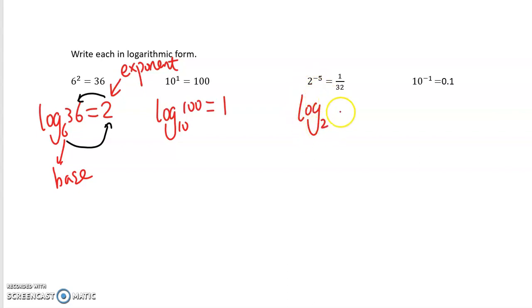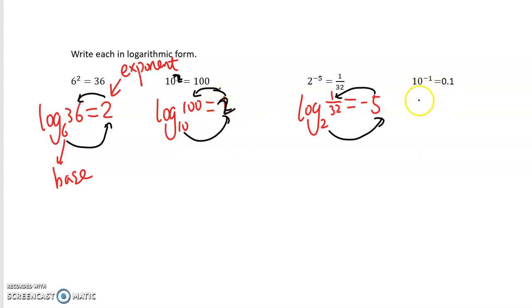The base is 2, the number is 1 over 32, and the exponent, the answer, would be negative 5. So 10 squared is equal to 100, and this one tells us 2 to negative 5 equals 1 over 32.